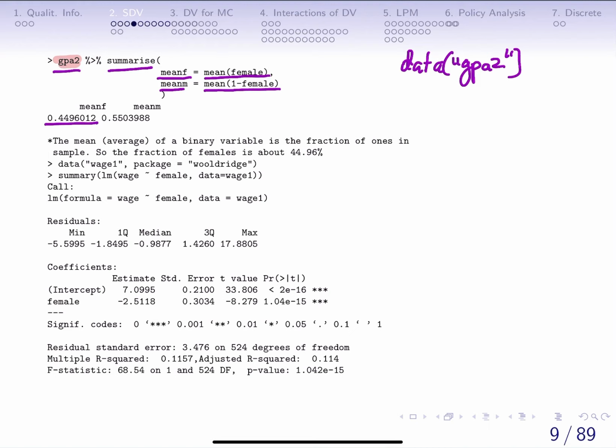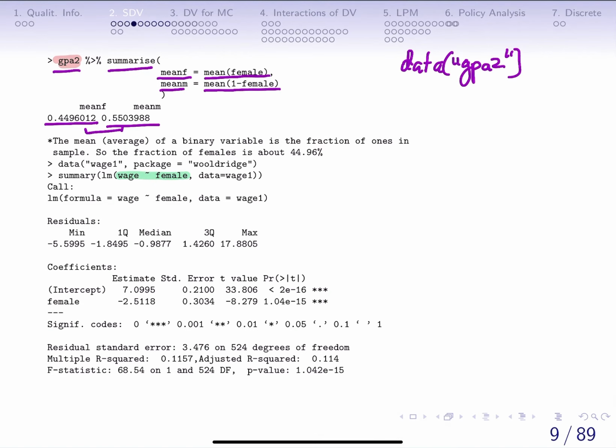So this is telling us that about 45% of our sample is female and 55% is male, right? So if you add these up, this should be equal to 100% because these are the only two categories. Now we can also regress wage on female, right? That's what we were trying to do before.